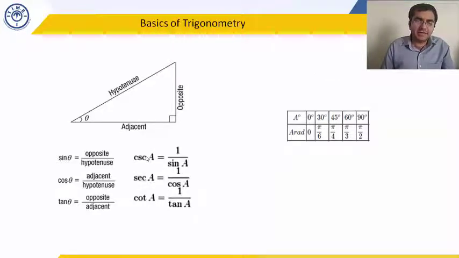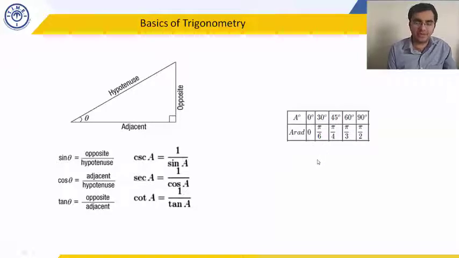So 90 degrees becomes 360 divided by 4. So in radians it will become 2 pi divided by 4, that is pi by 2. Okay. So when 90 is pi by 2, similarly 60 will become pi by 3, 45 is pi by 4, 30 is pi by 6, and 0 degrees is 0 radians.